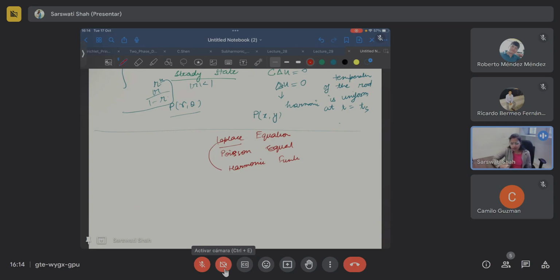That was really super easy. Like we studied the mean value property, it was really very easy. And using this mean value property, we studied the maximum minimum principle.